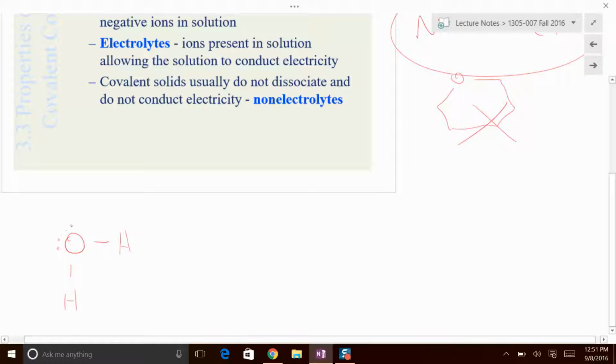Here's water. H2O. Is it ionic or is it covalent? Is it a metal and a nonmetal, or is it nonmetals? Nonmetals, so it is what type of compound? So does it conduct electricity? No. It is a covalent compound. It does not conduct electricity.